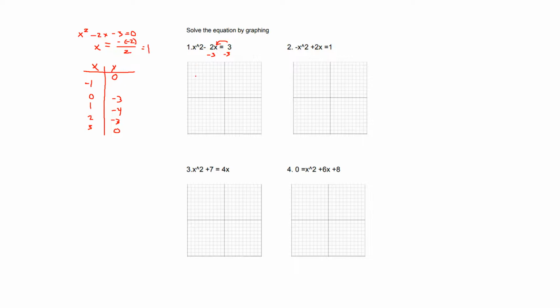If we were to graph that, -1 is 0, 0 is -3, 1 is -4, 2 is -3, 3 is 0. If we draw a line through that, you get a parabola like this.